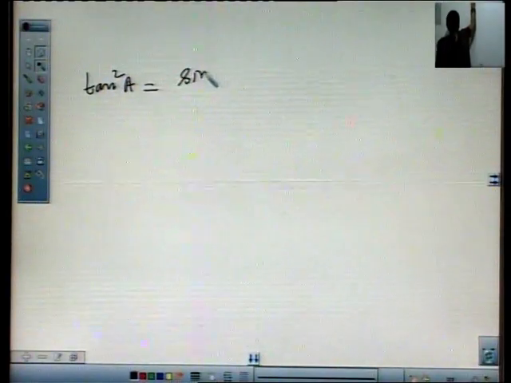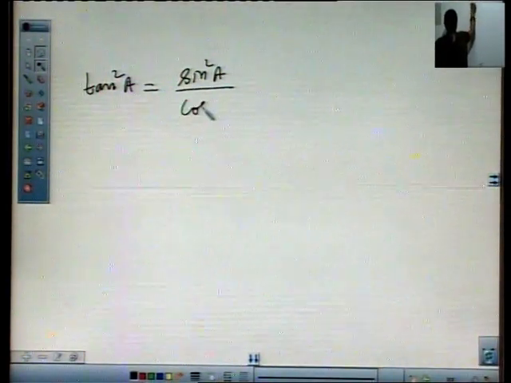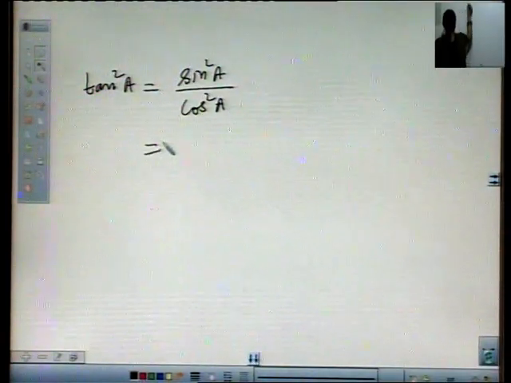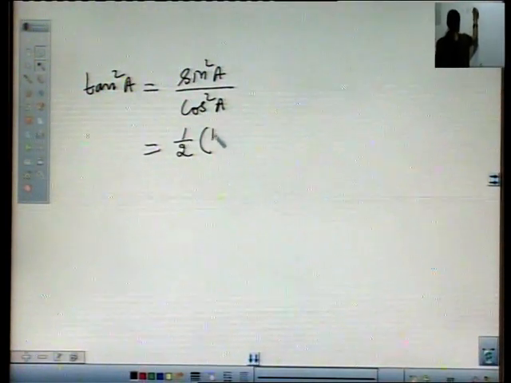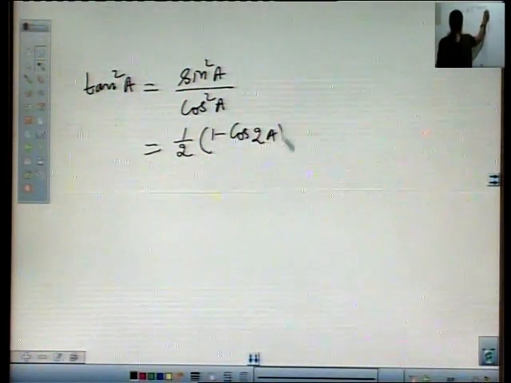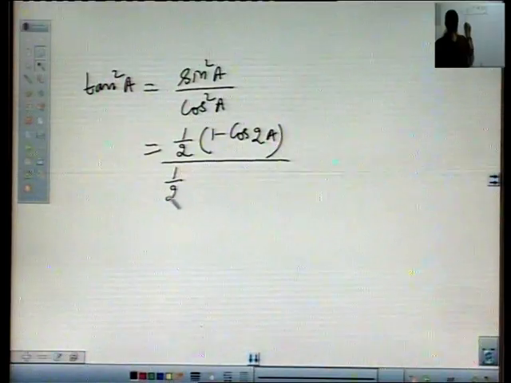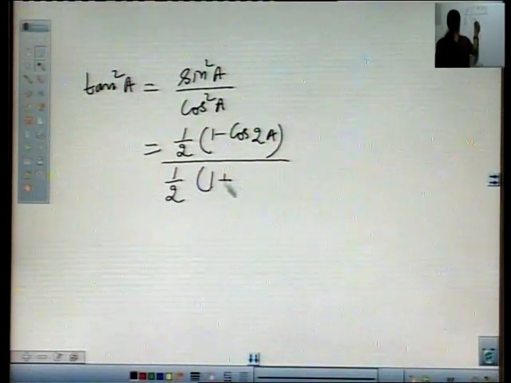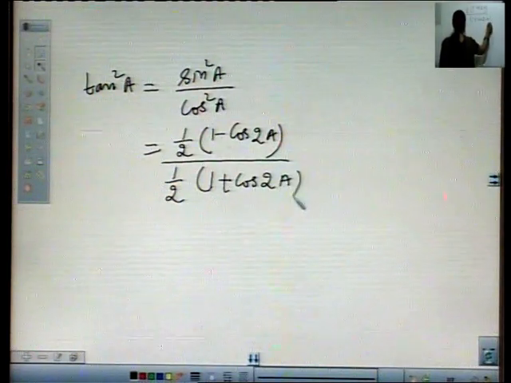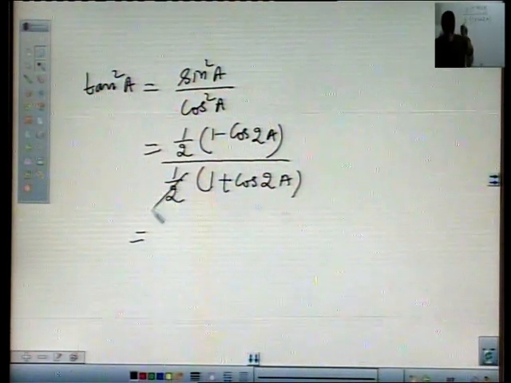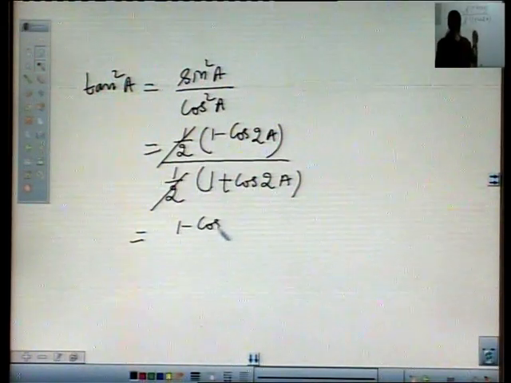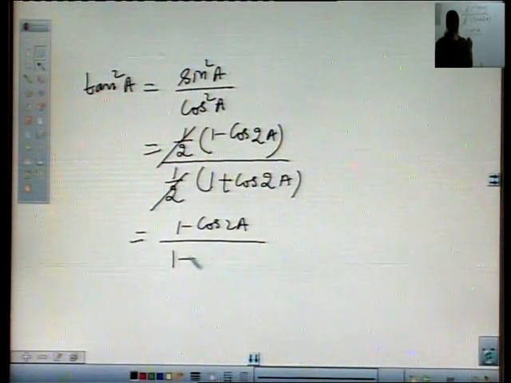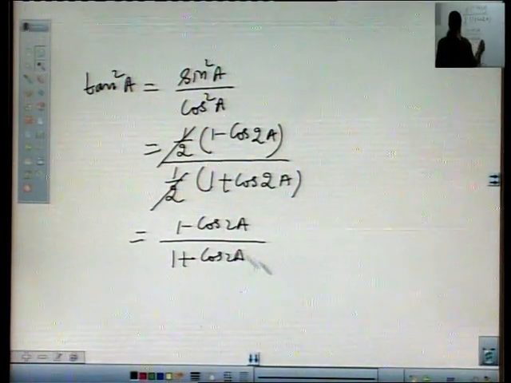Similarly, we can also write tan square a. Tan square a is sin square a upon cos square a, and sin square a we have written equal to this, and cos square a is equal to this, and we get 1 minus cos 2a upon 1 plus cos 2a.